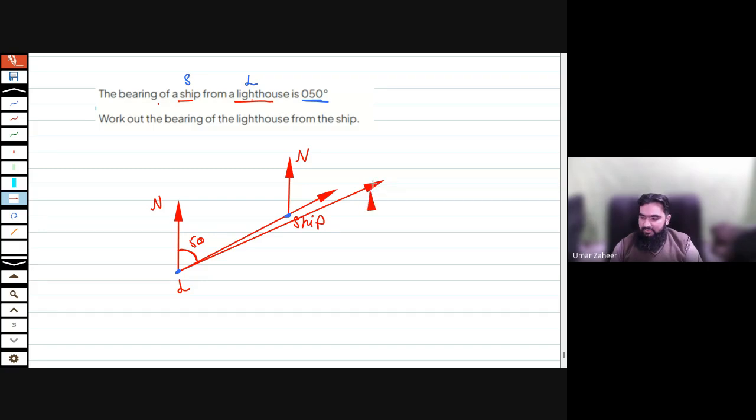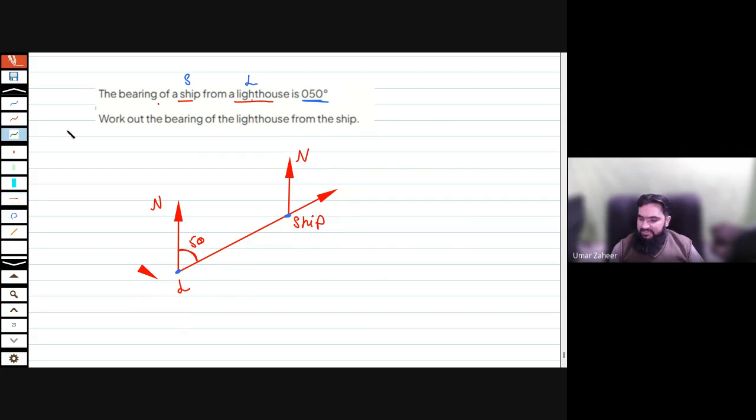It is going to be more angle. If you take this as the lighthouse, this is the complete bearing, and clearly this complete bearing is not 50 degrees.